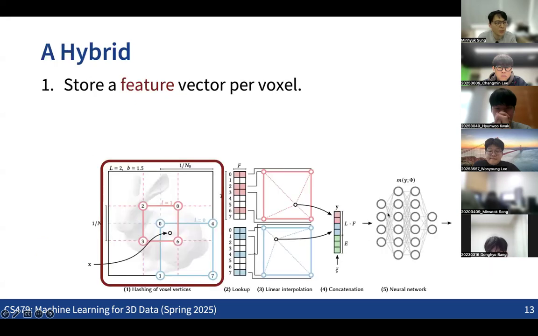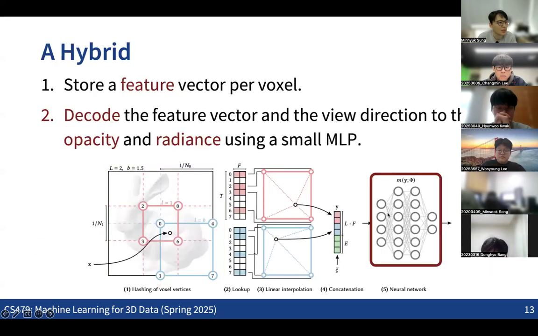The way that we can make the balance between these two is that we store latent features, as we have done in DeepVoxels, and then decode these latent features with very shallow layers.